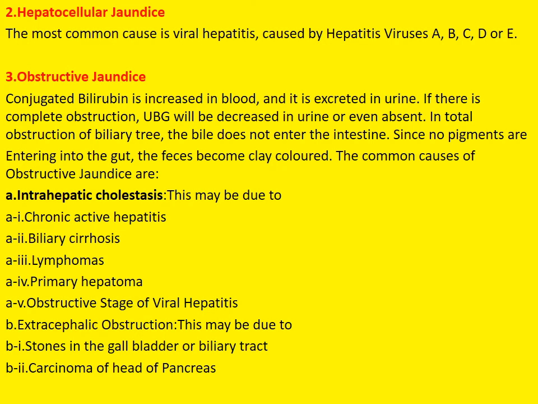Third type is obstructive jaundice. The term indicates that there is some obstruction in the normal pathway. So conjugated bilirubin is increased in blood and it is excreted in urine.